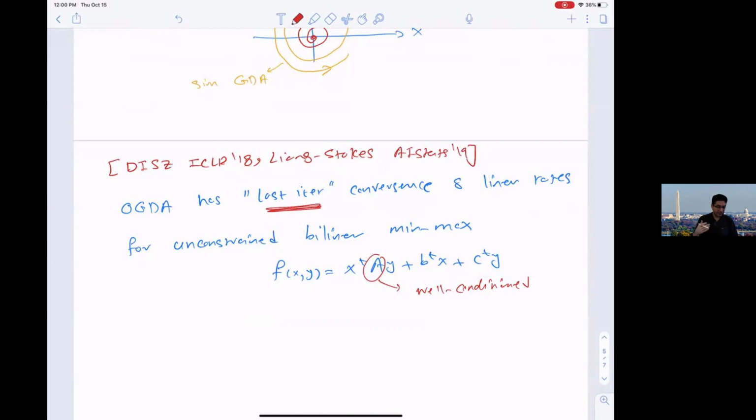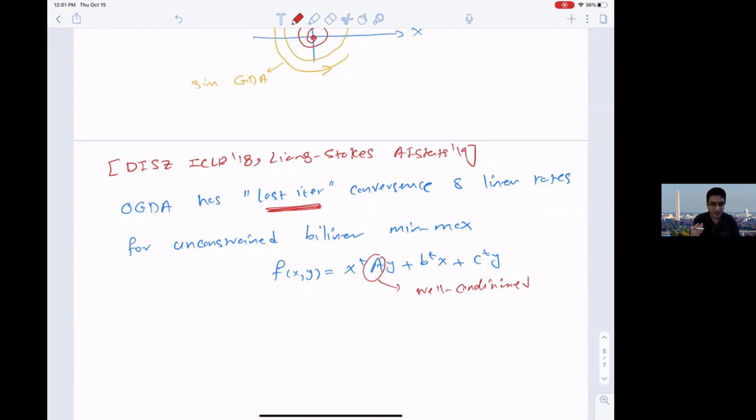So even in this very simple case of a bilinear, the results are quite recent. And in a more general case of constrained convex concave, the convergence in terms of the last iterate is still unknown. So it's a very good fundamental question to think about.